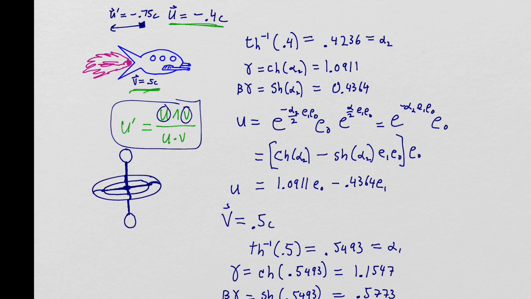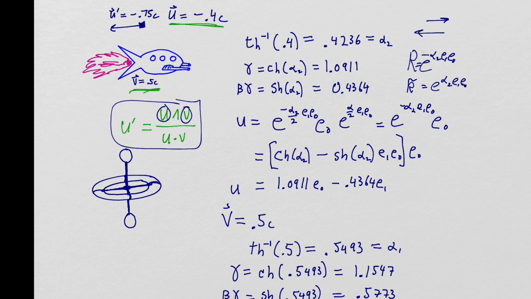Normally the basic Lorentz vector would be e to the alpha 2, e1, e0, if this object was moving this way. But if the object's moving this way, we're going to put a minus sign there. And so our reversion is going to be e to the alpha 2, e1, e0.